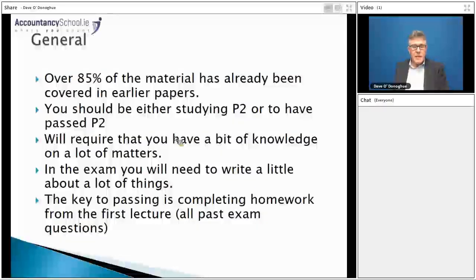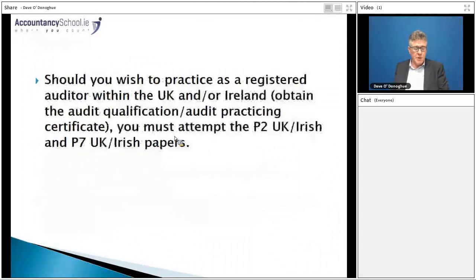P7 requires a bit of knowledge about a lot of things, and in the exam itself you will find yourself writing a little about a lot of things. The key to passing P7, as with the other options, is attempting exam standard questions as early as you possibly can. That really means doing homework and mock exams. They become very, very important as far as P7 is concerned.